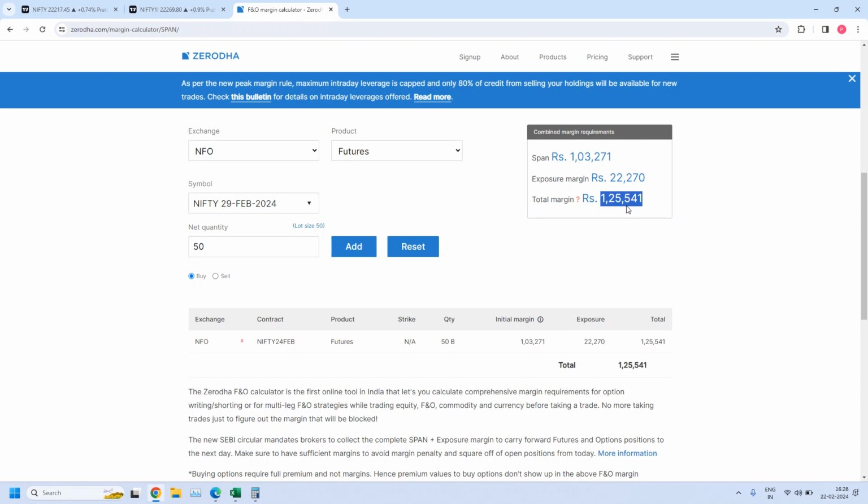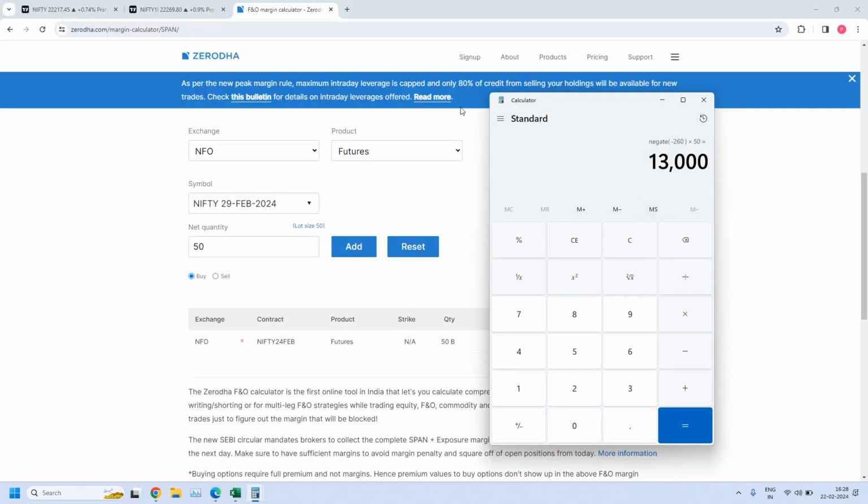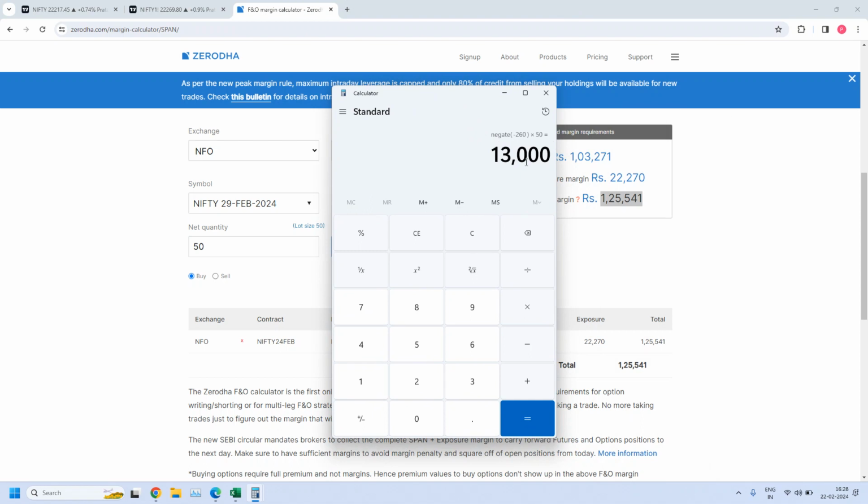Why are we using this value? For calculating our ROI. So 13,000 into 100 divided by 1,25,541.